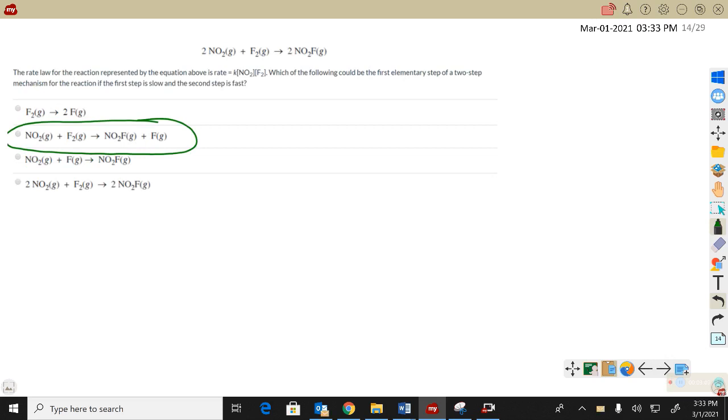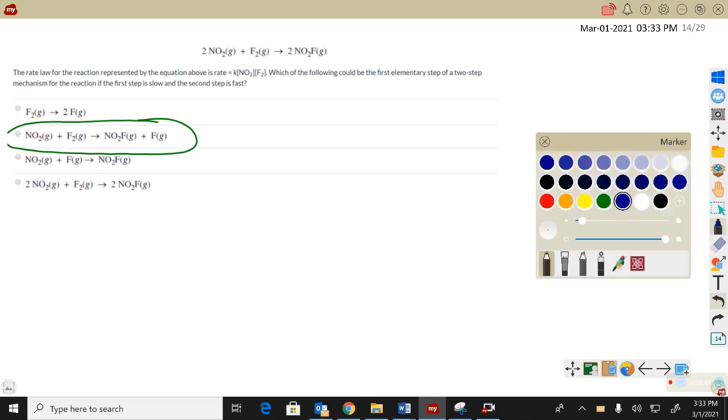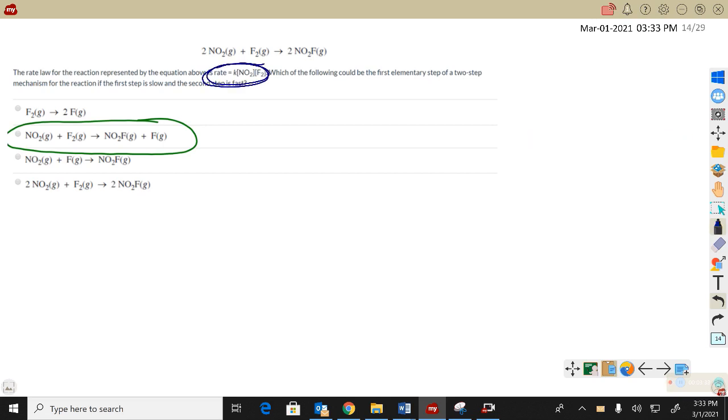Here we've got a balanced equation and we have a rate law. Which of the following could be the first elementary step of a two-step mechanism if the first step is slow? If the first step is the rate determining step, then its rate law needs to match the experimental rate law. So if this given rate law is my true experimental rate law, then that should match the rate law based on the molecularity of the slow step, which here they're telling us is step 1.